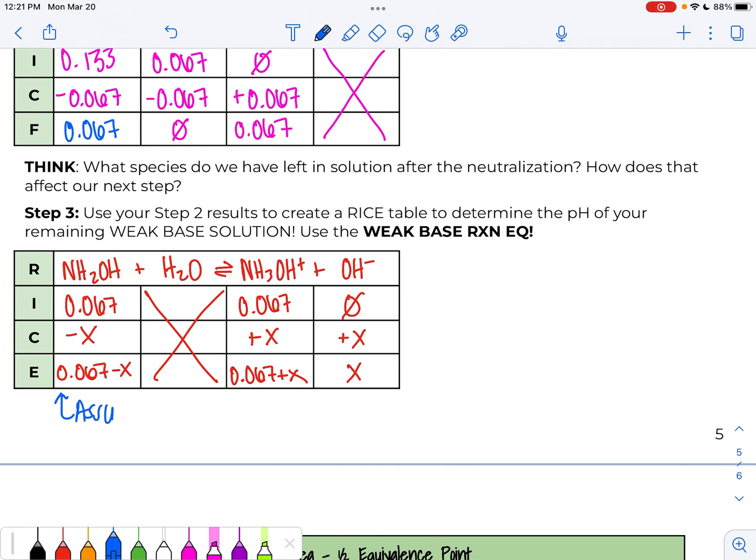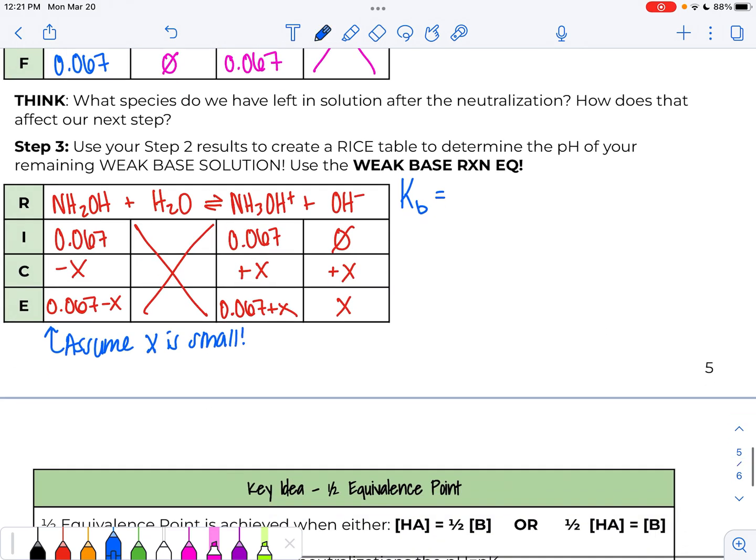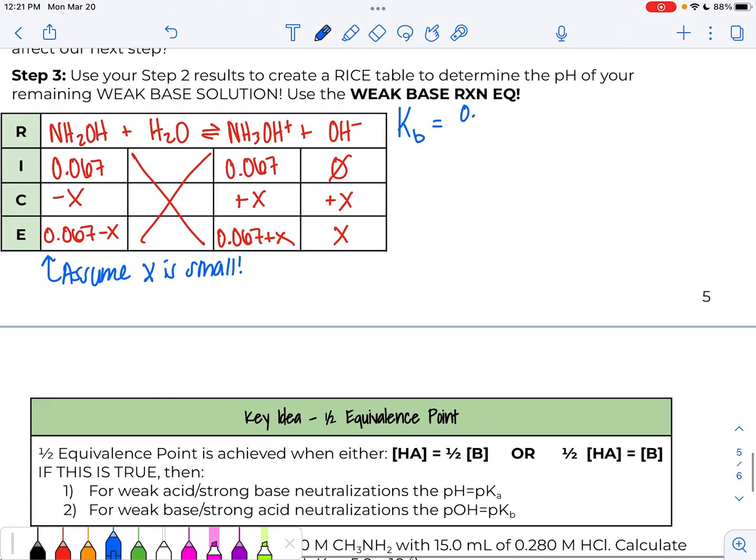Once again, we're going to assume x is small for this situation to make our math lives easier. So we're dealing with a base here, so we're going to write out a Kb expression. And what are we going to have? Well, we're going to have the concentration of our products. So I'm just going to write these in as their x values.